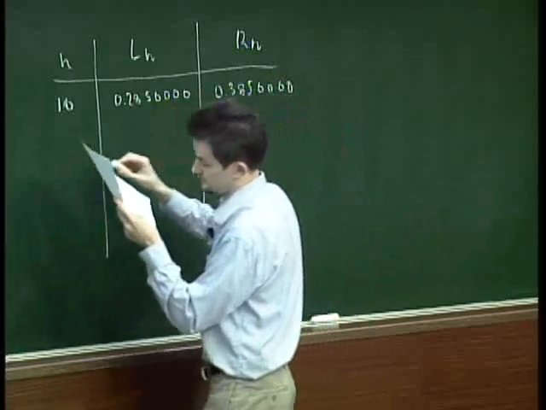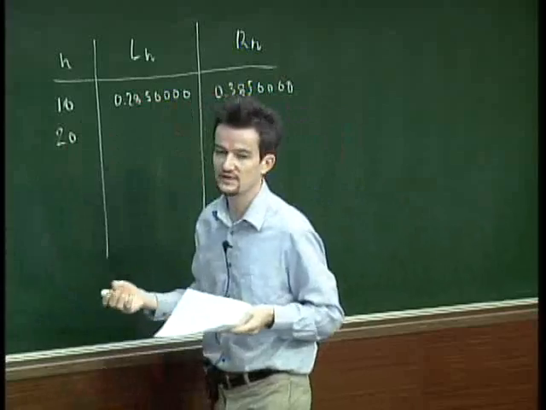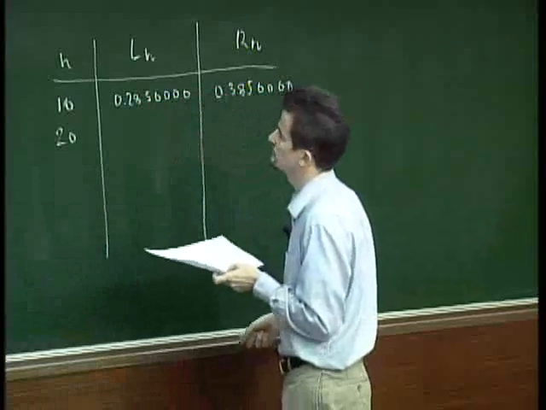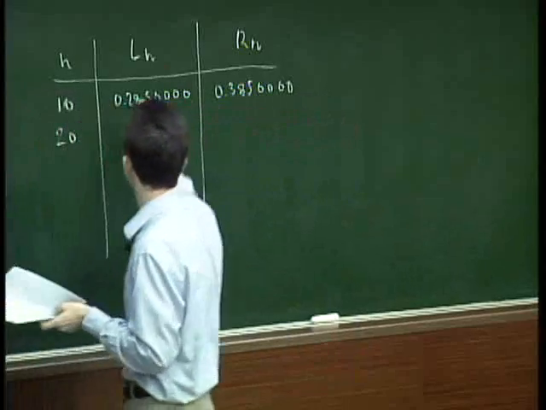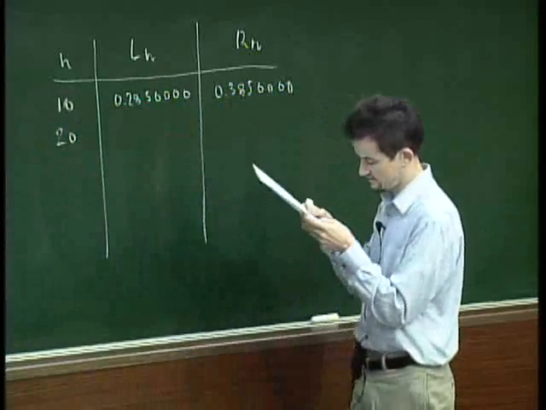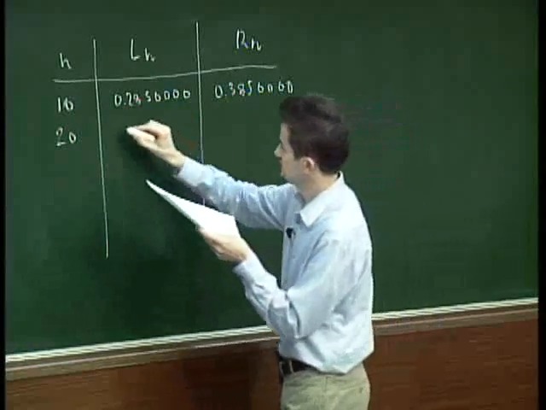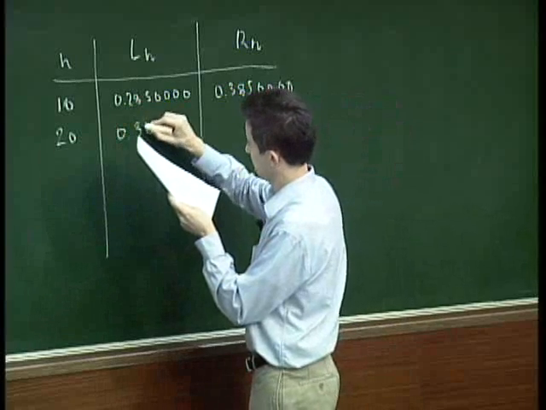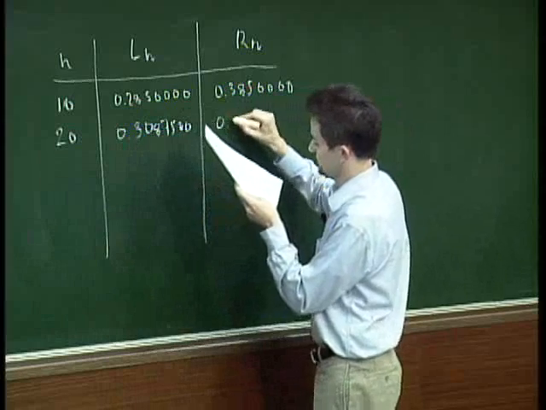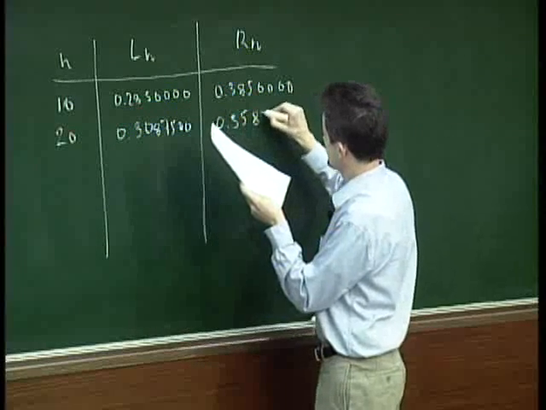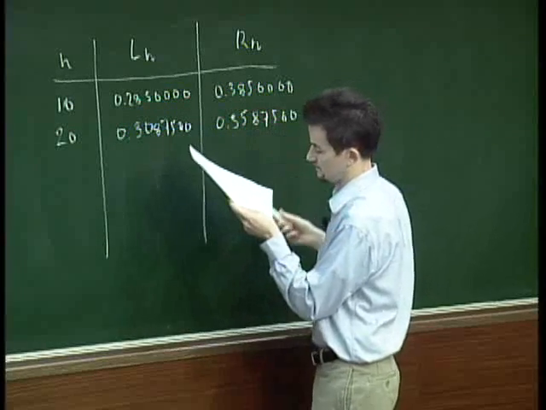One more 0. Then we use 20 subintervals, and again we compute the corresponding approximation, choosing once left endpoints and the second time right endpoints. Here we have 0.3087500. Here we have 0.3587500.